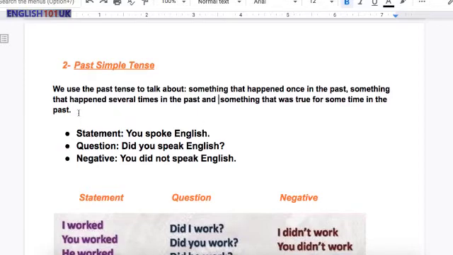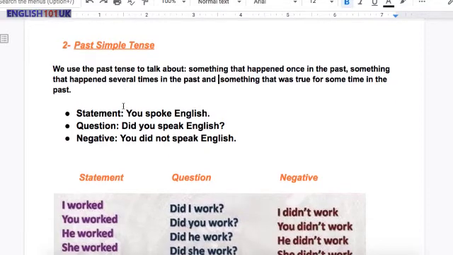Here we have again statement, question, and negative. So we say you spoke English. We use the verb in the past form. So we don't say speak in the past. We say spoke.